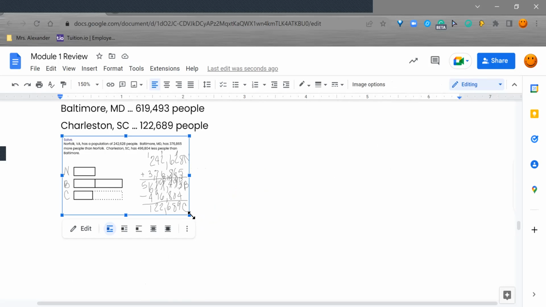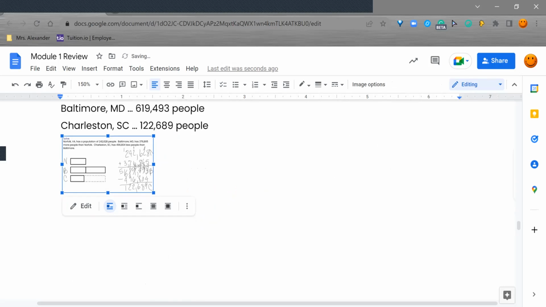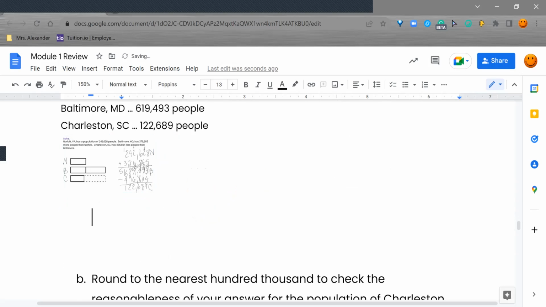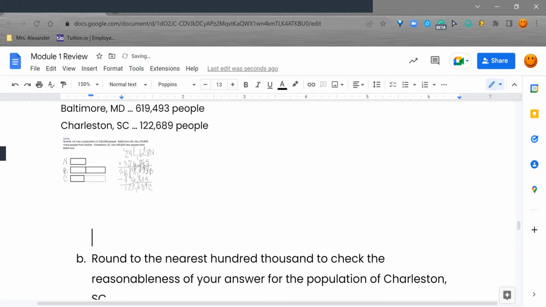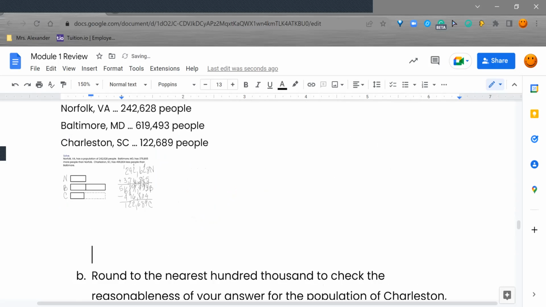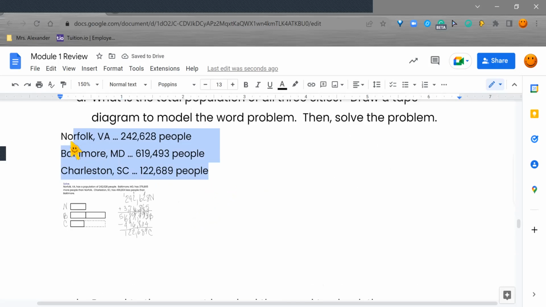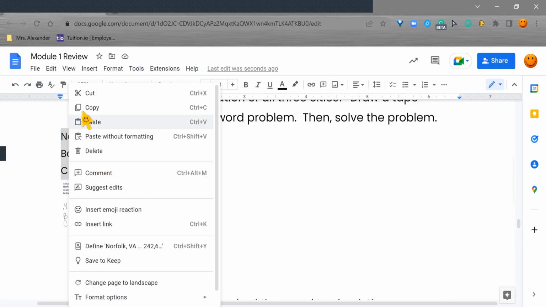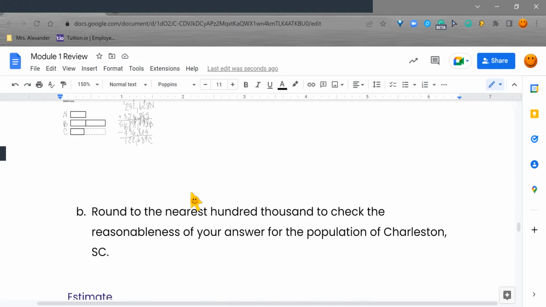Okay, let me move this just a little smaller. We still have that. Now I'm going to bring it back up. It says round to the nearest 100,000. So because I already wrote down all my numbers, I'm going to copy this so I can bring it in.